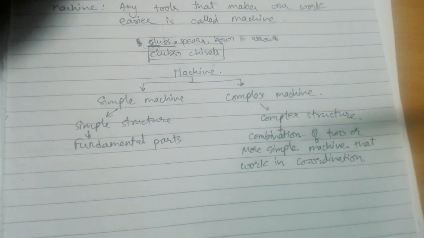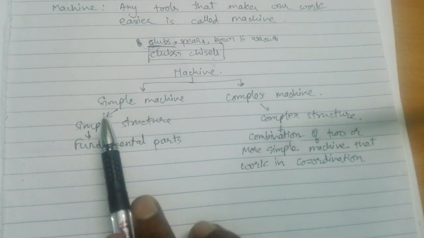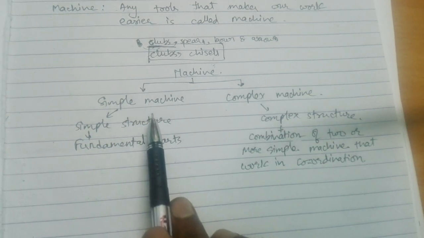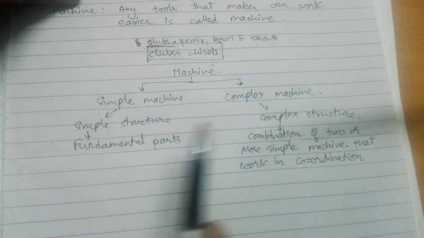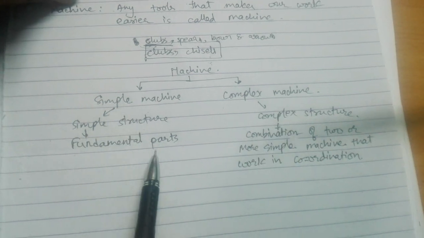So simple machine is like a fundamental unit, and complex machine is like a derived unit.